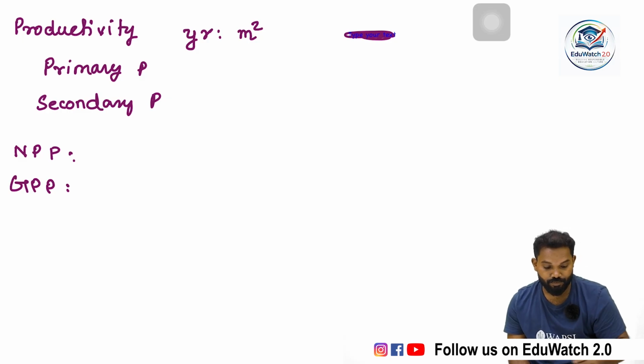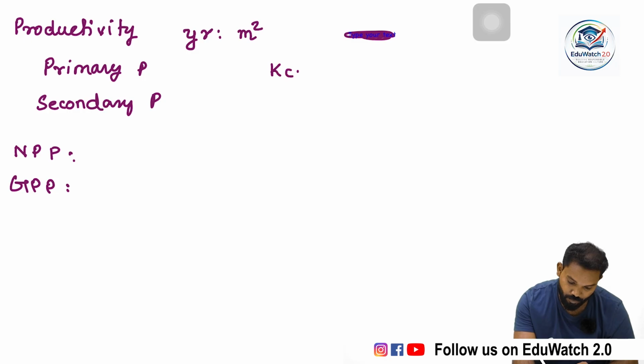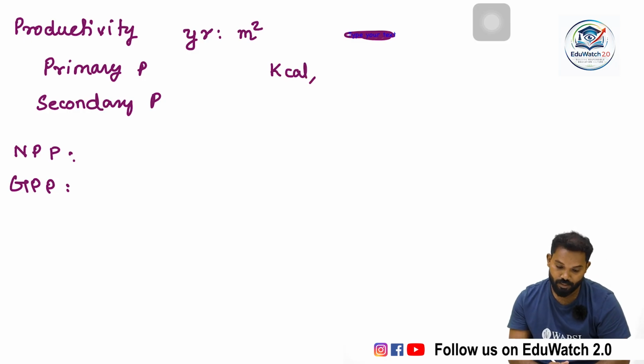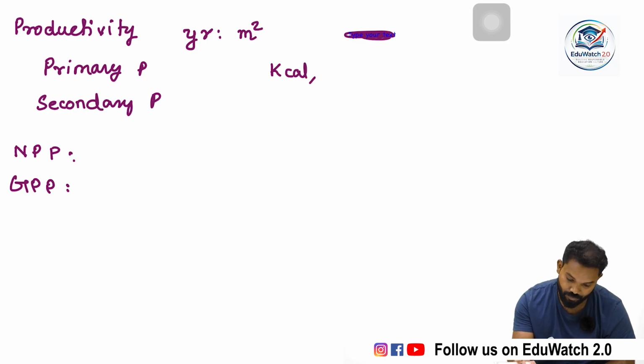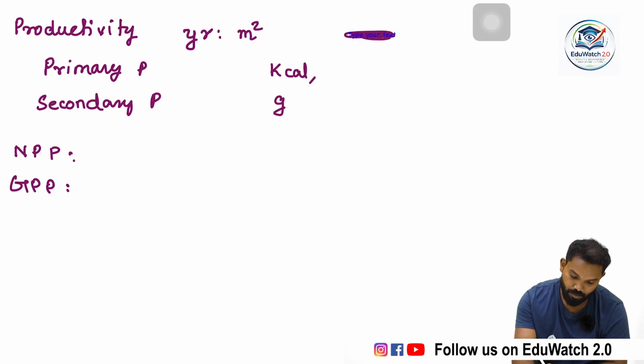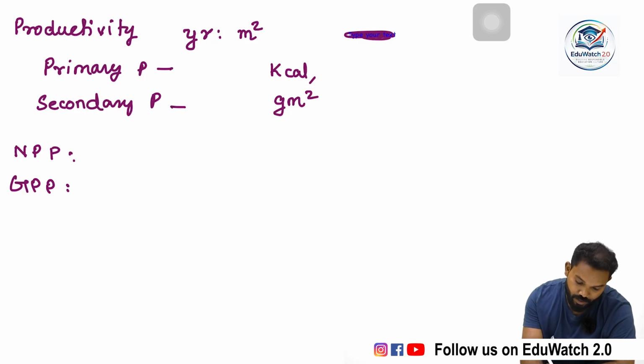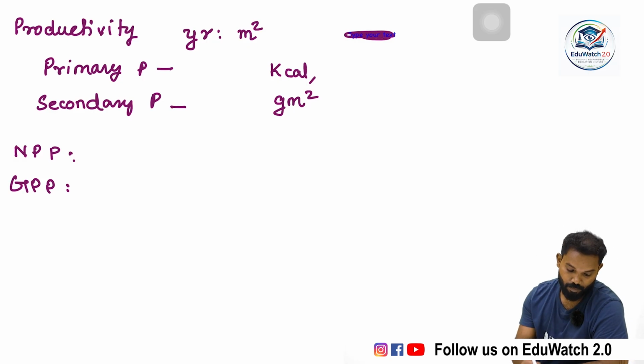In the case of energy, that is kilocalorie. In the case of biomass, gram production, gram per meter square. So how much production takes place, that is productivity. Then what is primary productivity and what is secondary productivity?